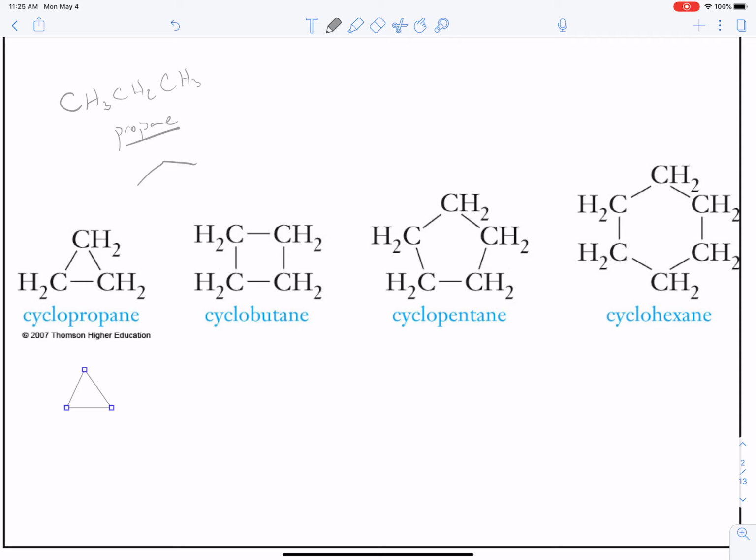You can also notice that we have a bond here and a bond here. So this is a CH2, because we need 2 hydrogens to get the 4 bonds. And it's the same way all the way around. So I want you to notice something. If we were to look at the molecular formula of propane, it's C3H8.